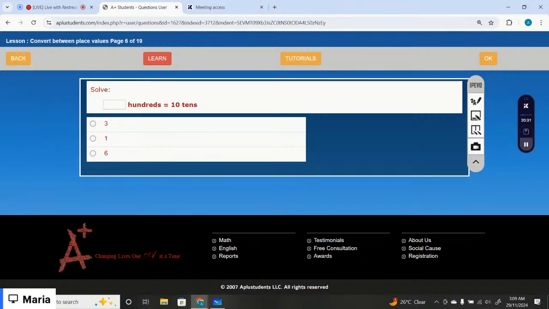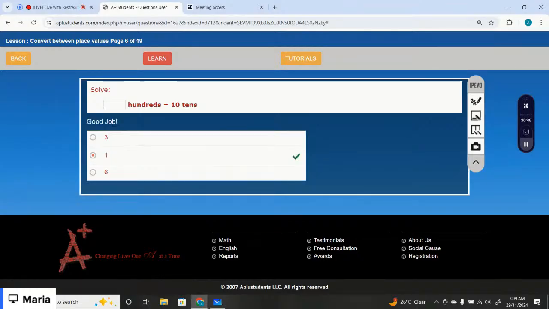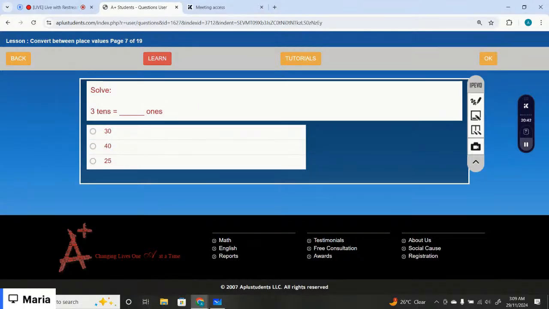Ten tens equal 100s. Option number 2 is the correct option. That is 100. 3 tens equal how many ones?